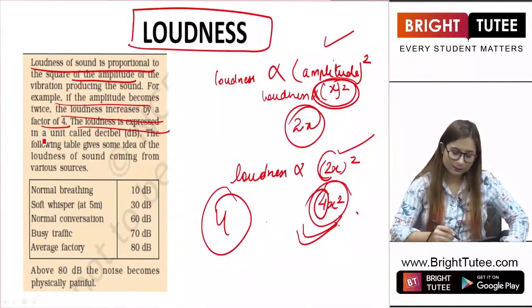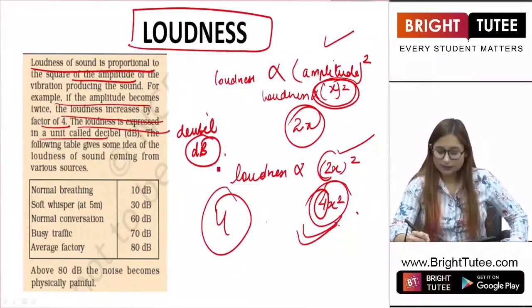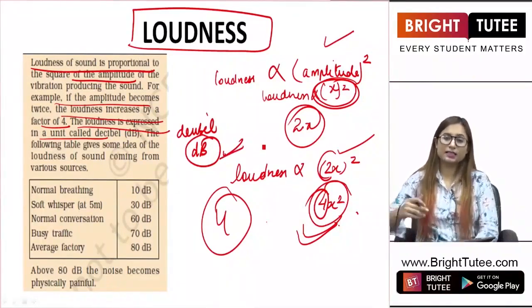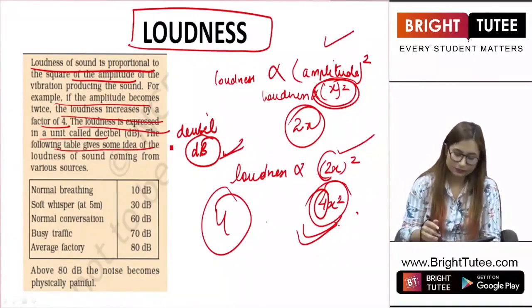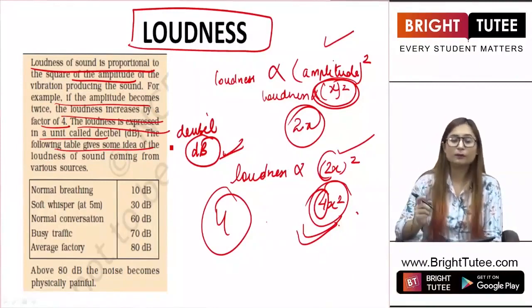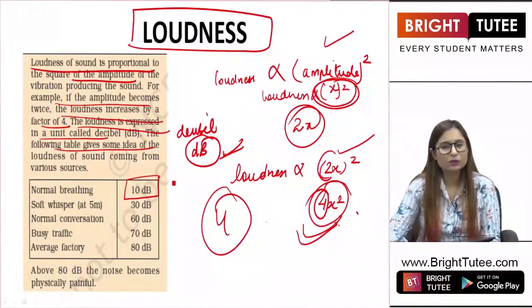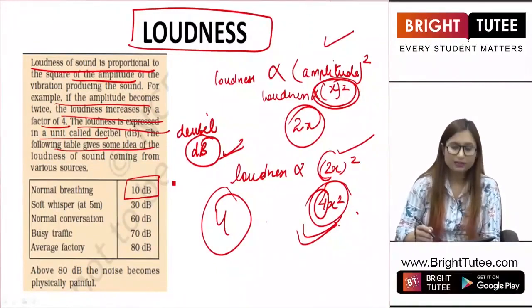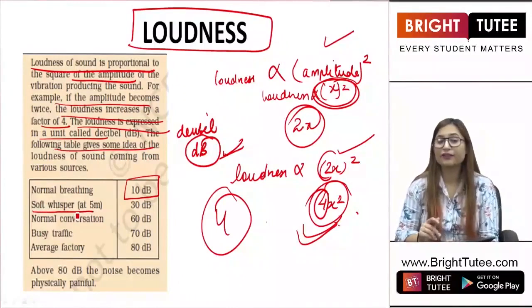The loudness is expressed in the unit called decibel, which we indicate as dB, small d and capital B. The following table gives us some idea of the loudness of some sounds coming from various sources. Normal breathing produces a sound of 10 decibel, which is audible to us. We are easily able to hear it, and it is very soft as well. Now, soft whisper at 5 meter.